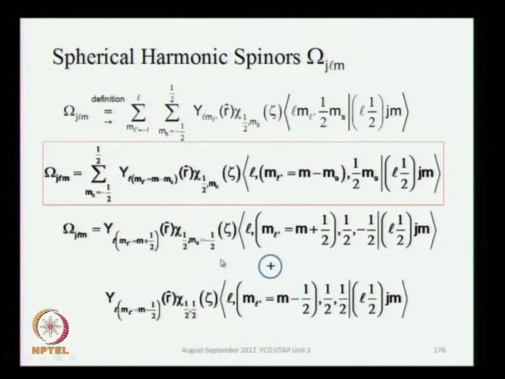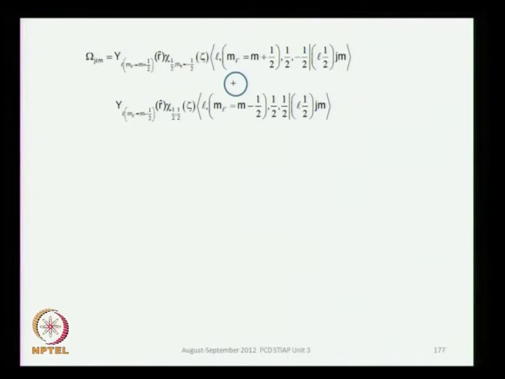So, you have these 2 terms, one corresponding to ms equal to minus half here, and the other corresponding to ms equal to plus half, and then you have the corresponding Clebsch-Gordon coefficients here, okay. So, let us look at these 2 terms. So, these are the 2 terms. Now, you have summed over mls, you have summed over ms, you have got everything has been summed over.